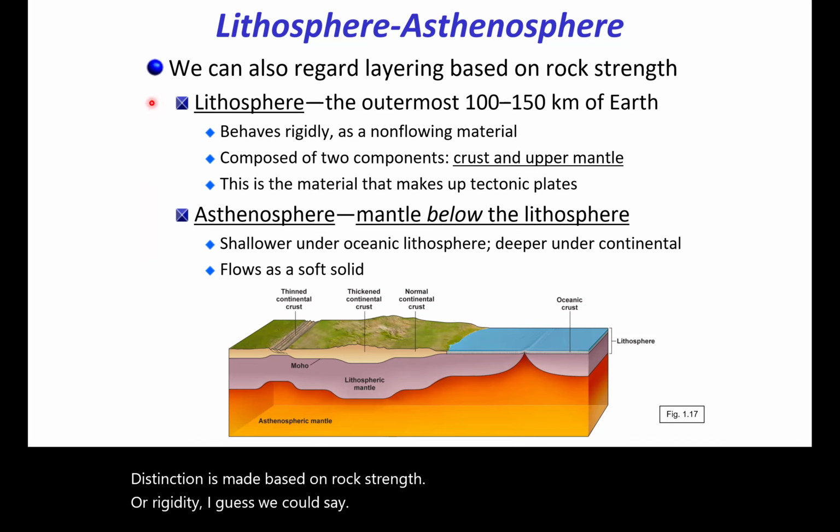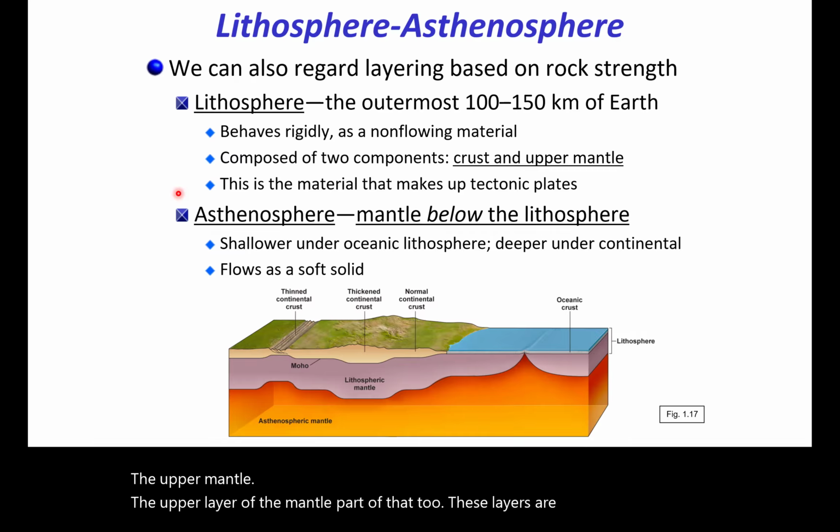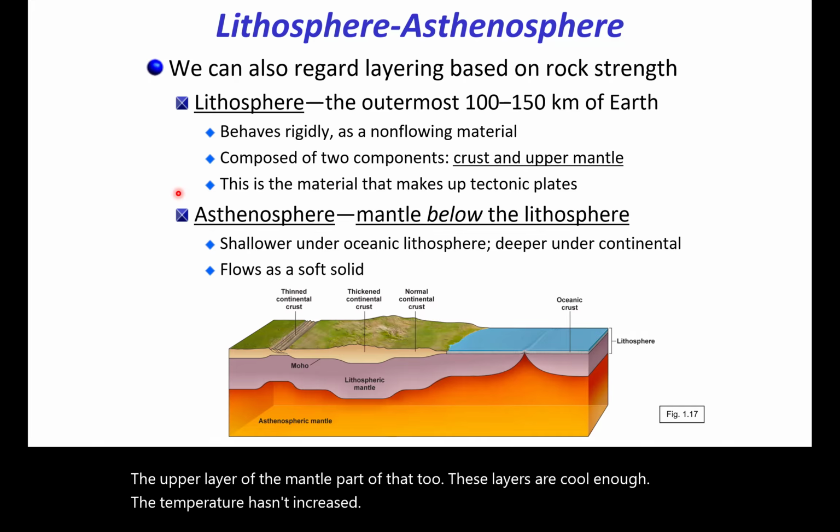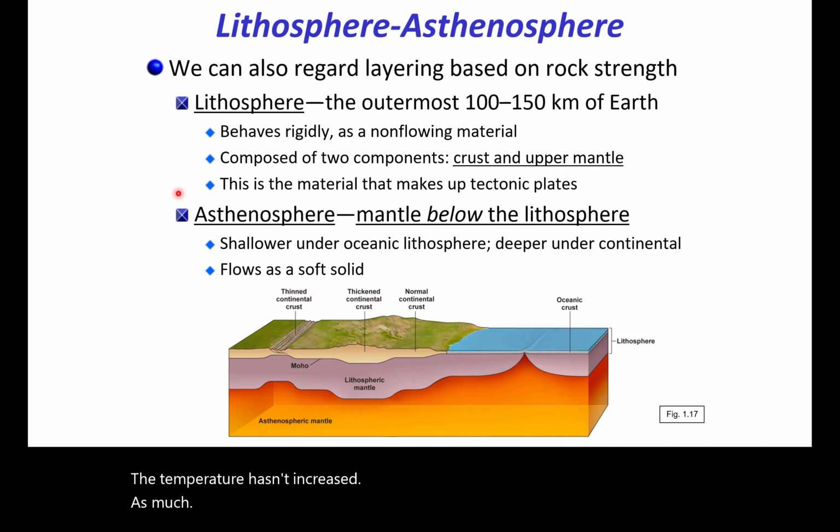So the very outer layer of Earth, the crust, and part of the upper layer of the mantle, part of that too. These layers are cool enough. The temperature hasn't increased as much in this rock, and so it behaves brittly.